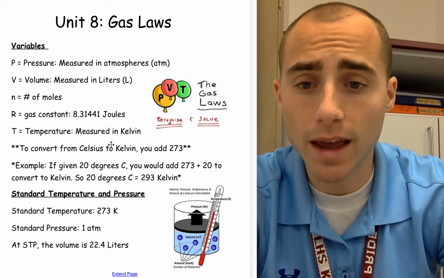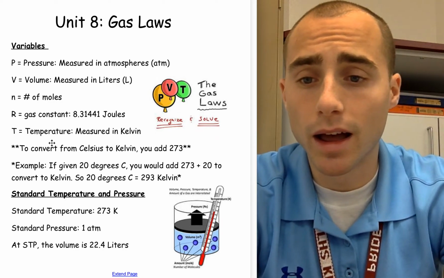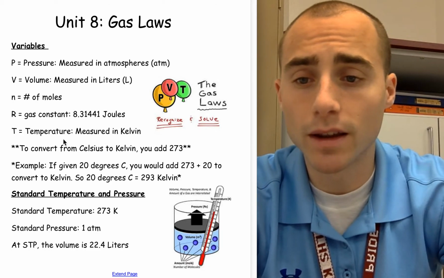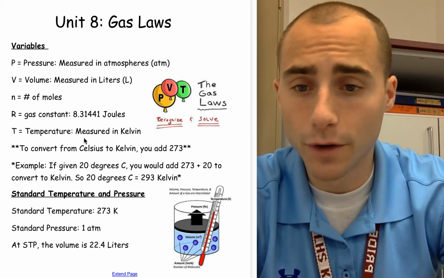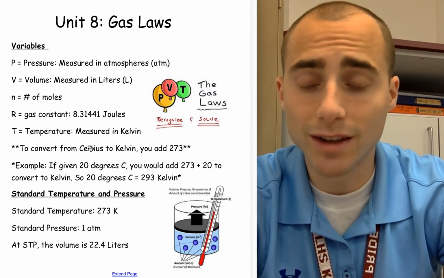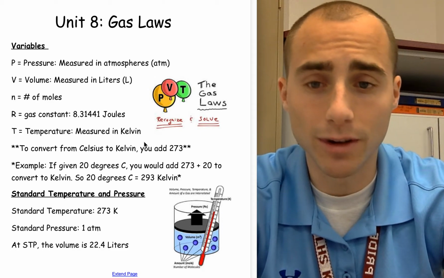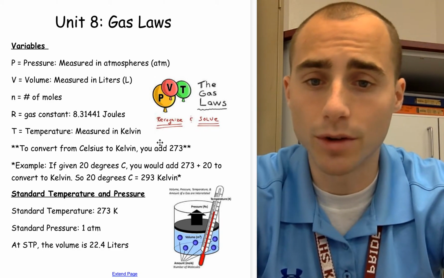Now, if you have not heard of Kelvin, Kelvin is a temperature measurement used typically in science, and we will use either Fahrenheit or Celsius in our daily life. And so one conversion that you will need to know is to convert from degrees Celsius into Kelvin. You just add 273. So whatever you have in Celsius, you add 273 to that in order to convert it to Kelvin.